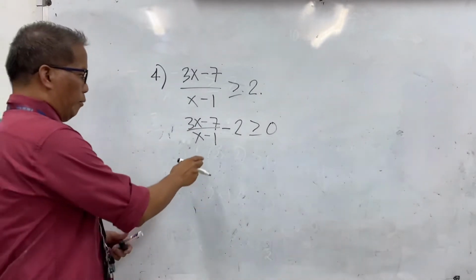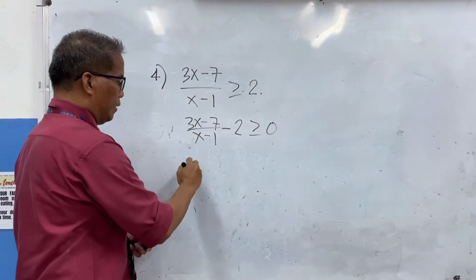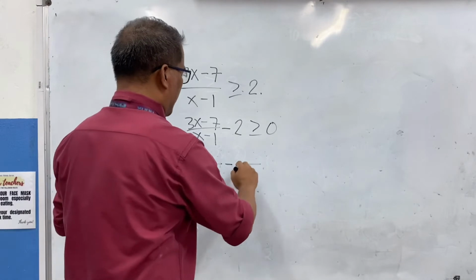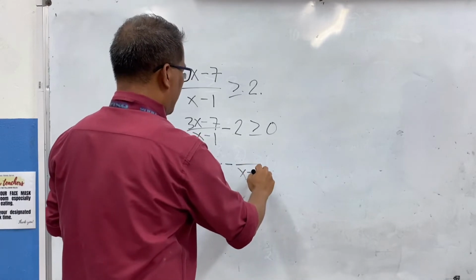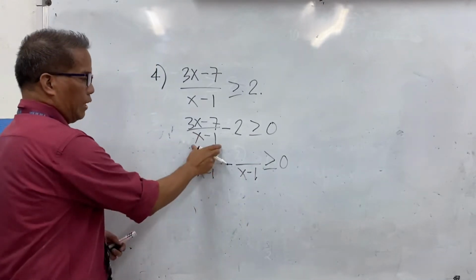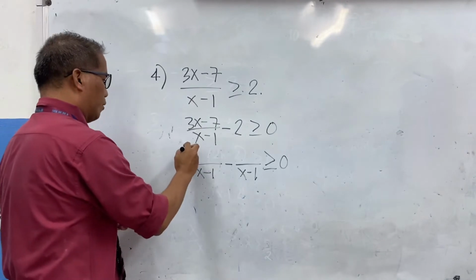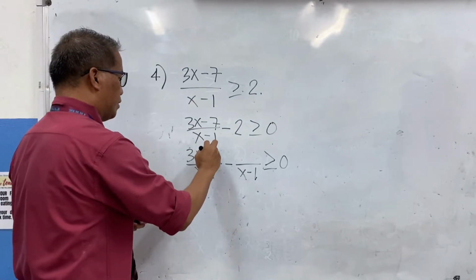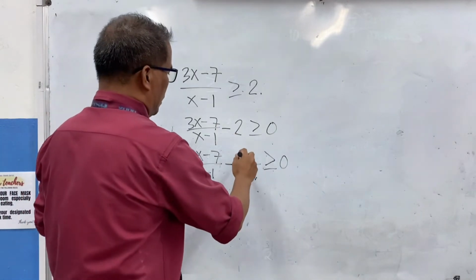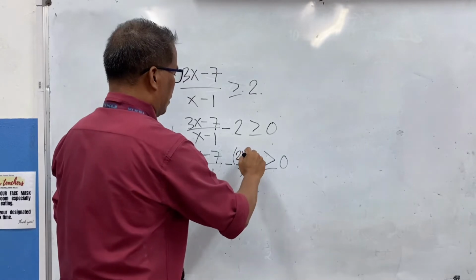And then we need to get the LCD of these terms. So the LCD is x minus 1, minus 2 times x minus 1 also here, then greater than or equal to 0. So x minus 1 divided by x minus 1 is 1, multiplied to the numerator, so the answer will be 3x minus 7. And then x minus 1 times 2 is equal to 2x minus 2.